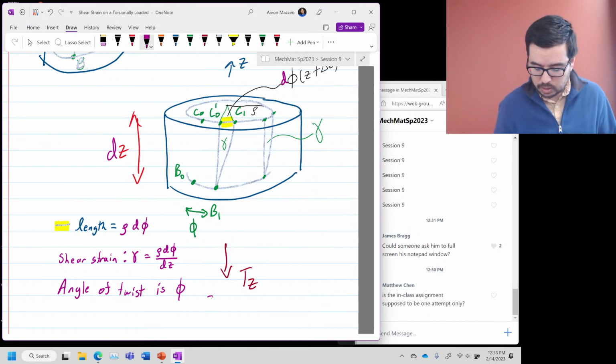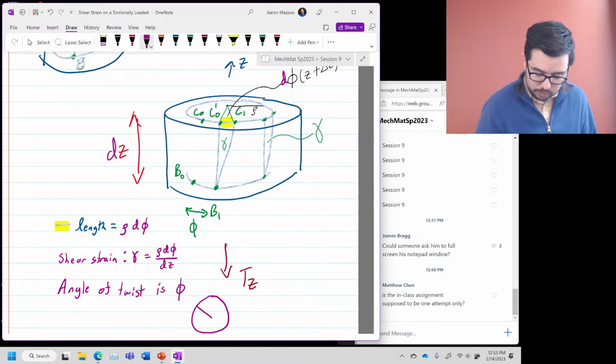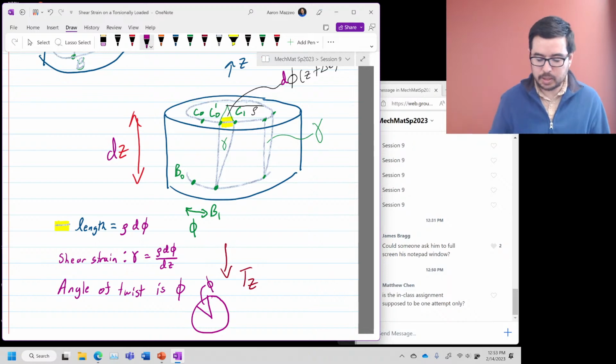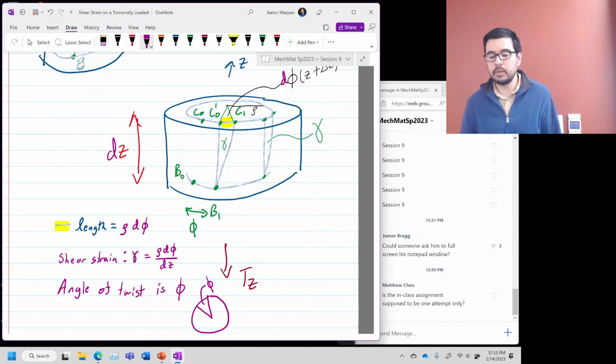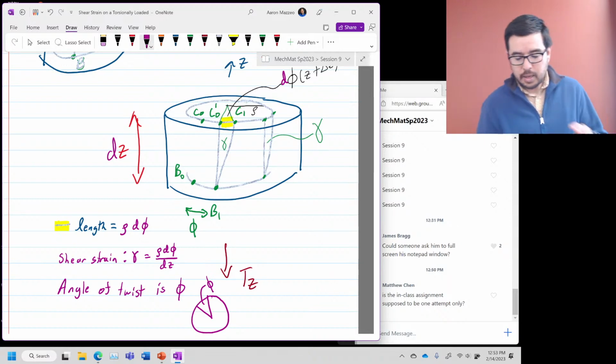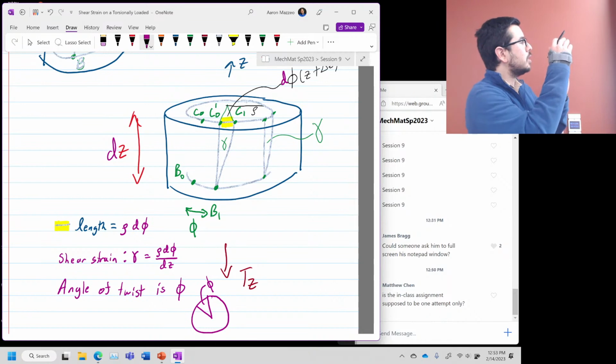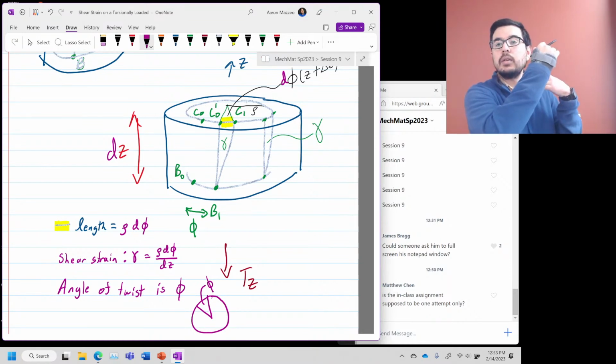So that, you know, this is the shaft, right? This is the pizza. That's the angle of the pizza. That's phi. Okay. This shear strain is something more subtle. It's the change in angle between corresponding pieces on the pizza. Okay?